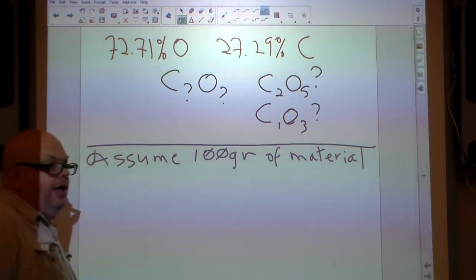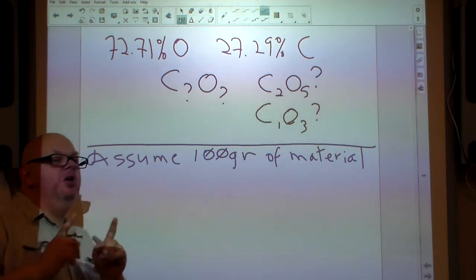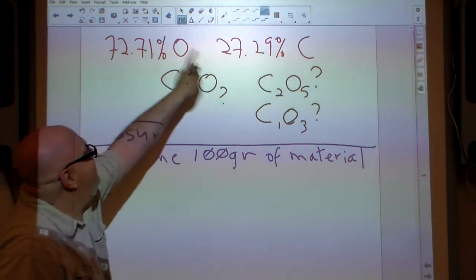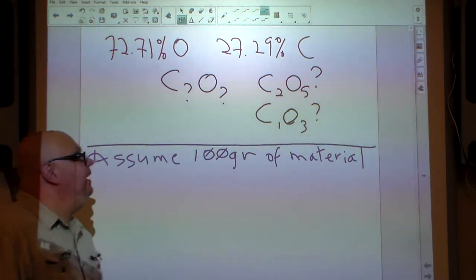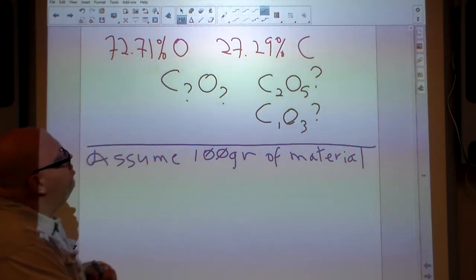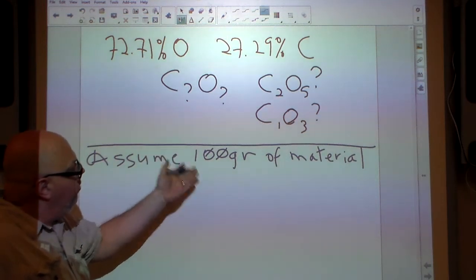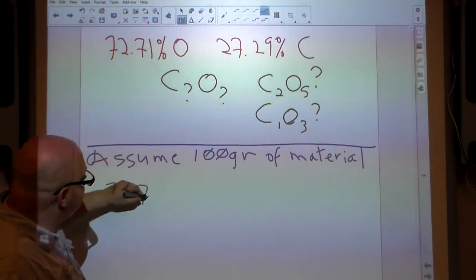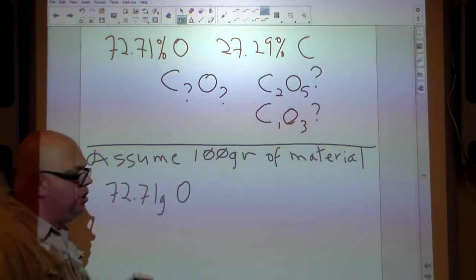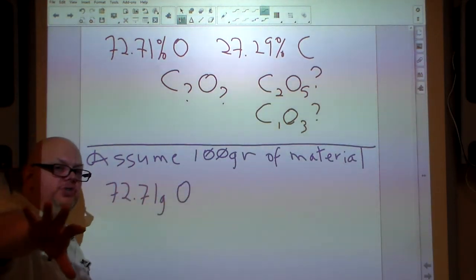So here's the beauty of it. If we assume 100 grams of material, we can take these and already change them into grams directly. So 72.71 out of 100 grams of material means we would have 72.71 grams of oxygen. Now, we don't know how many oxygens there are.